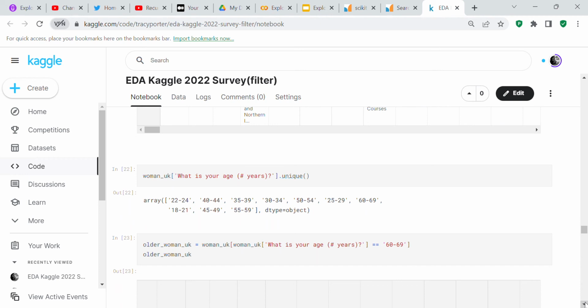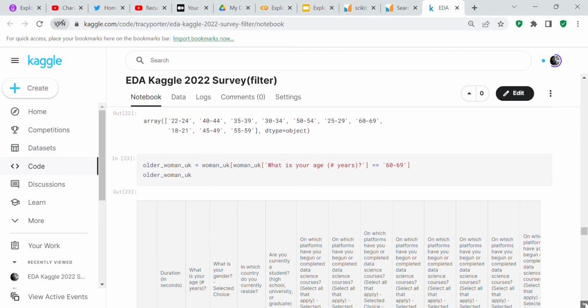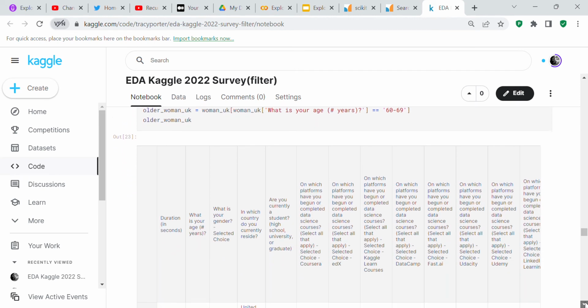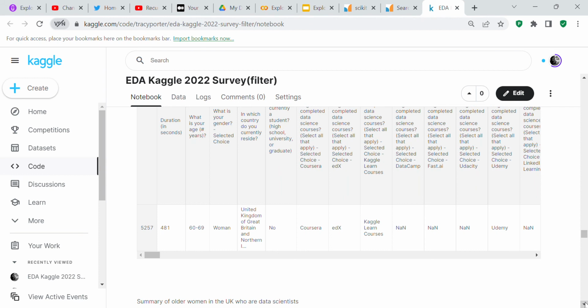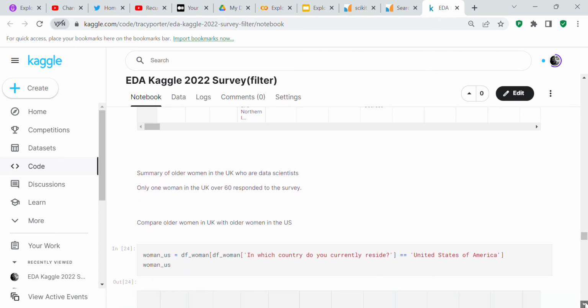That means no women in the UK who were 70 or older responded. For women aged 60 to 69, there was only one respondent, and that was me. So, the summary of older women in the UK who are data scientists: only one woman in the UK over 60 responded to the survey.